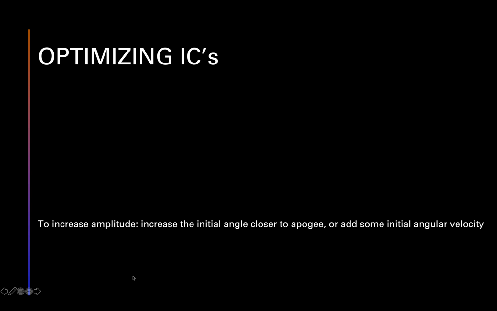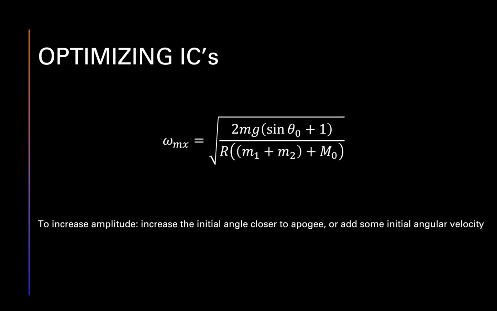Optimizing initial conditions. To increase amplitude, we can increase the initial angle closer to the apogee, such that its maximum displacement is going to be bigger and bigger. If we start at the apogee, or pi over 2, obviously we will not actually get anywhere, so we can't do that. The equation for the maximum velocity, or rather angular velocity, is given by this.